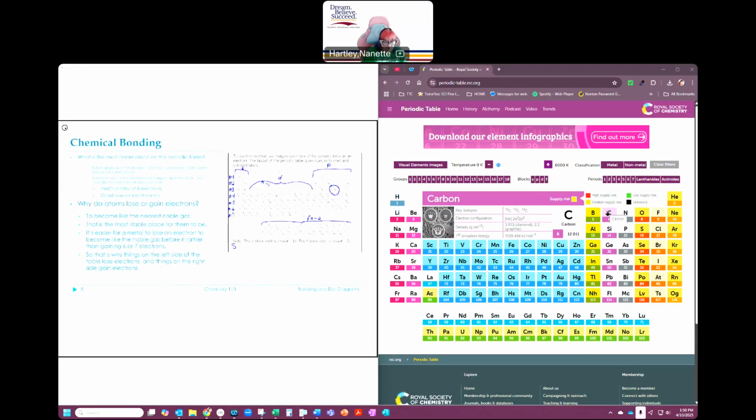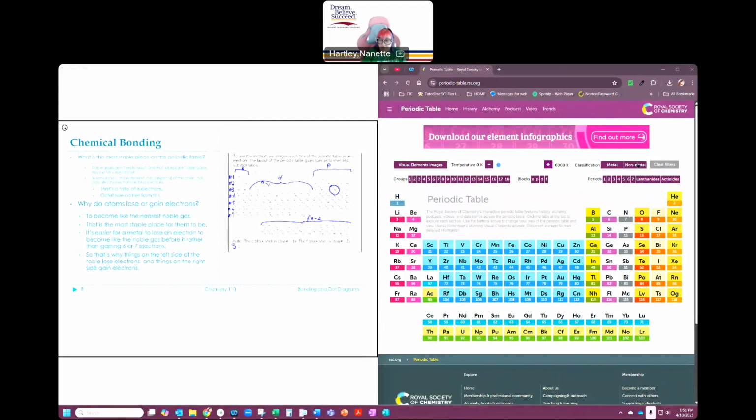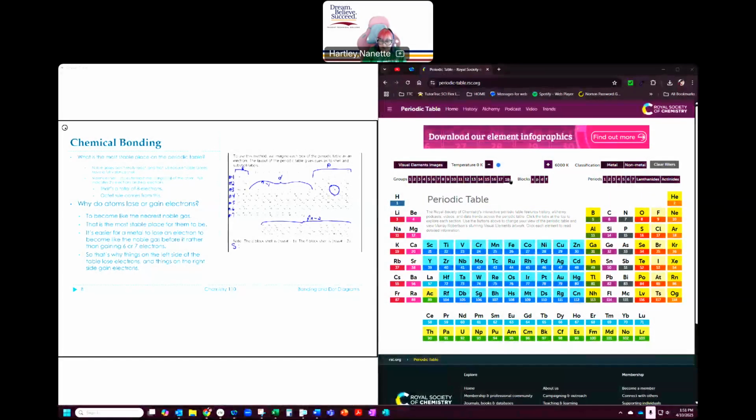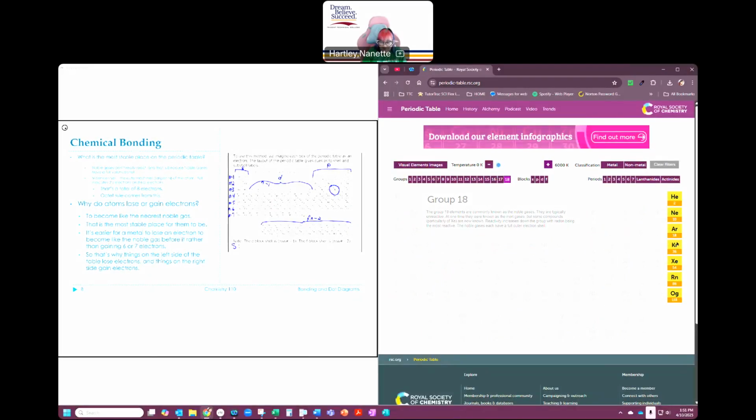We've talked about the fact that some things want to lose or gain electrons to become like the nearest noble gas, because noble gases are very, very stable, and we know that just based on their behavior. So we want to be like those noble gases way over on this edge, group 18. These guys are incredibly stable.